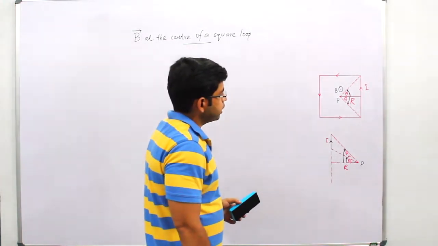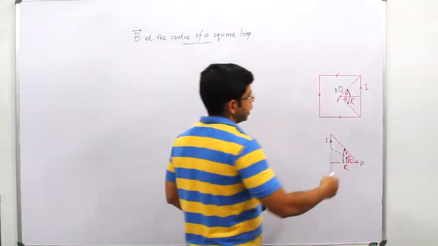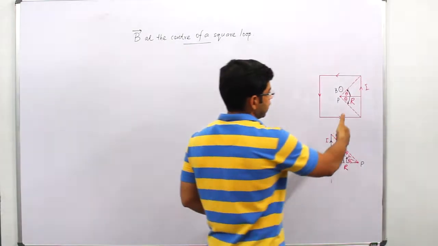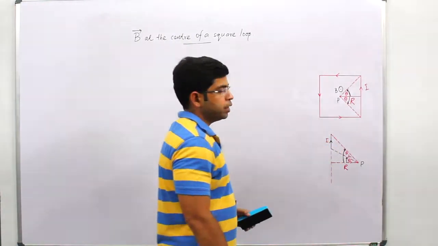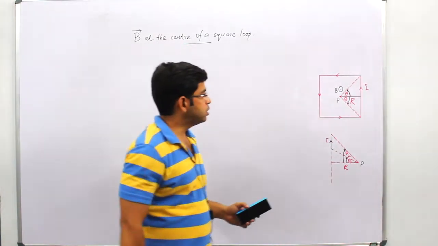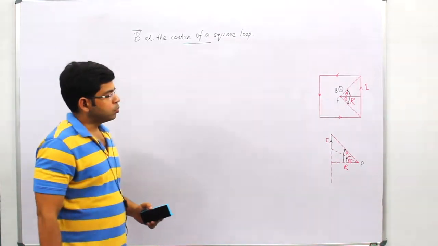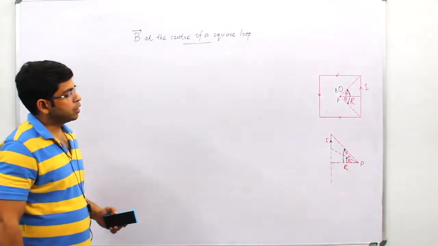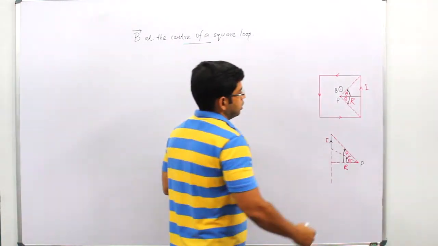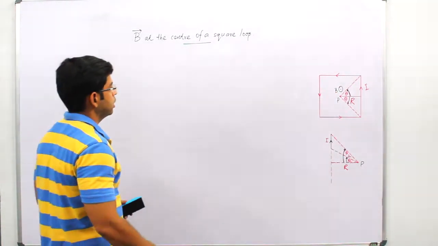But considering the direction of the field for the respective arms, if you apply the right hand screw rule to each of the arms and point your thumb along the direction of the current, then you will find that all the arms of the square will produce a magnetic field B along the direction outward from the plane of the board. So the problem is very simple. Add all the magnitudes, and the final direction of the field B will be outward from the plane of the board as shown by this dot surrounded by a circle.